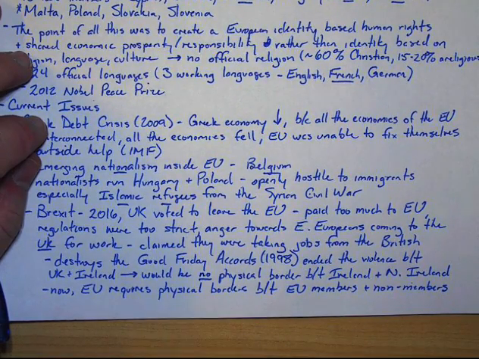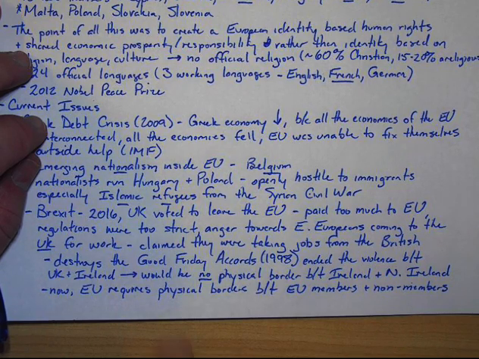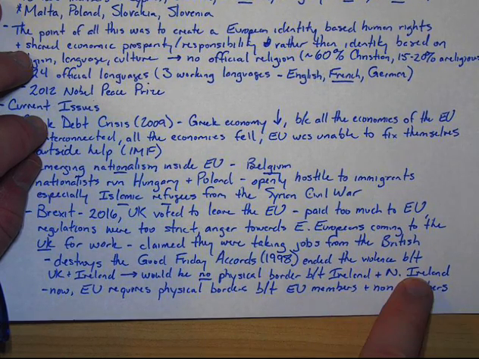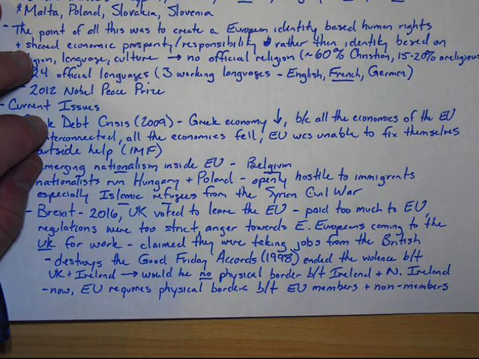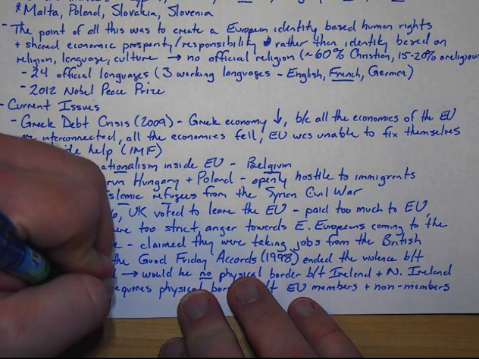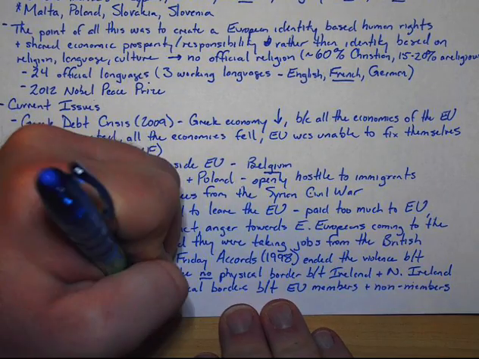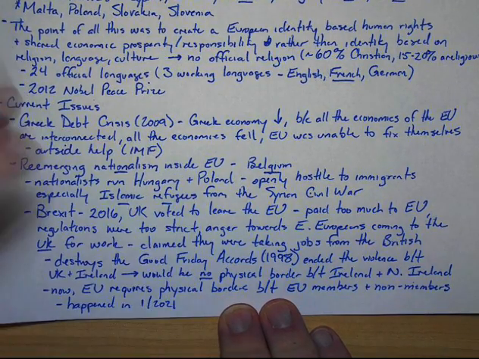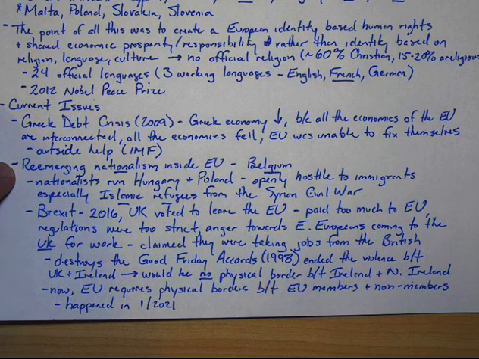And so now, according to regulations in the EU, there have to be physical borders between Ireland and Northern Ireland because Northern Ireland is no longer part of the EU. So this just happened in January of 2021. So we don't know the effects of this down the road, but I wouldn't be surprised if there was an outbreak of violence at some point because of this.